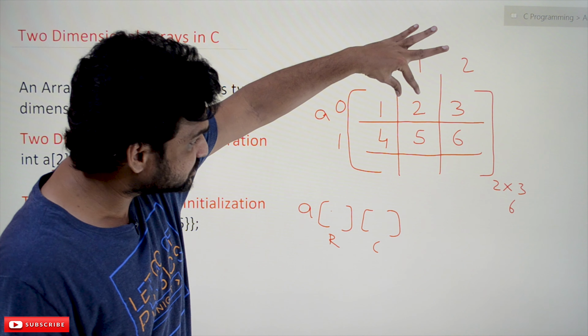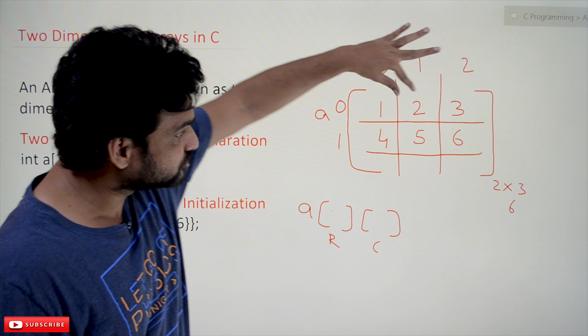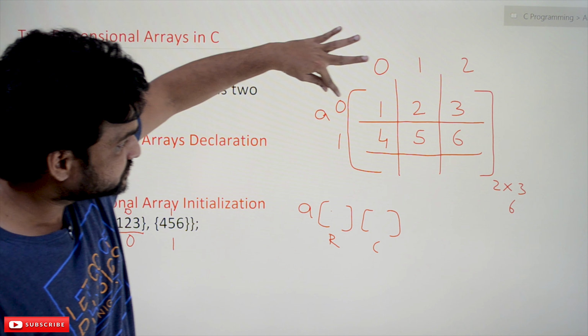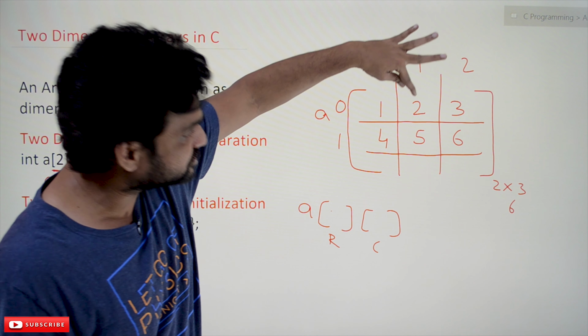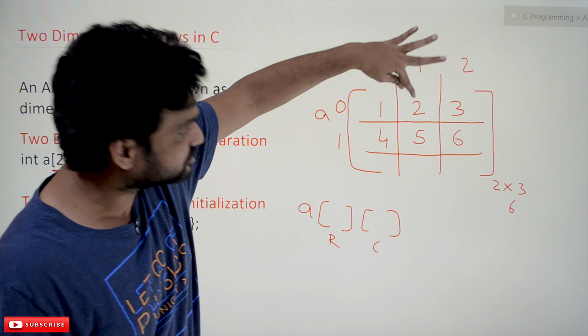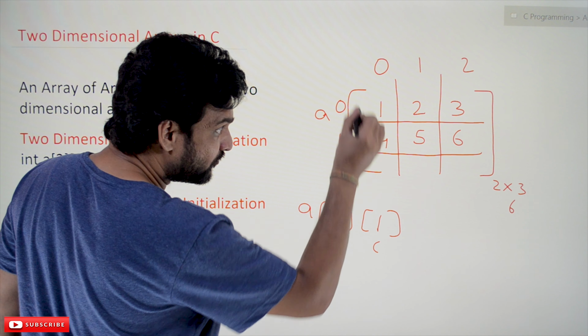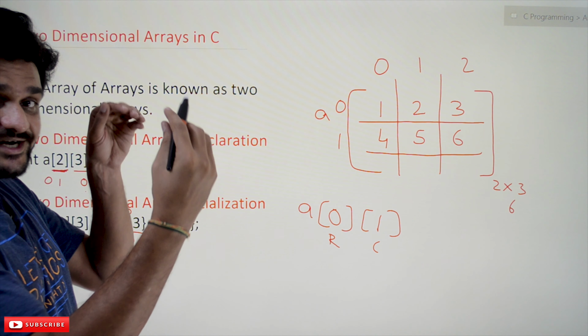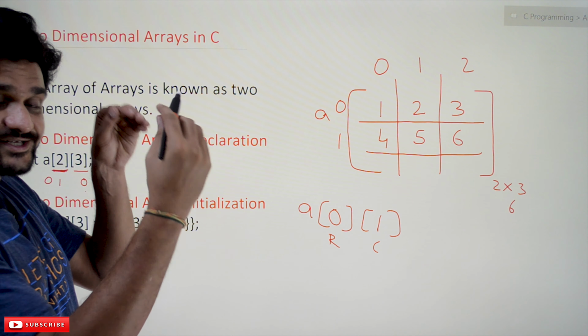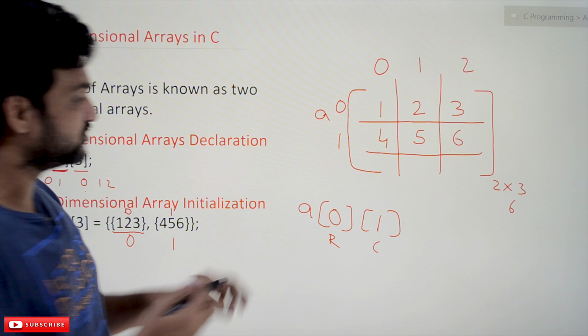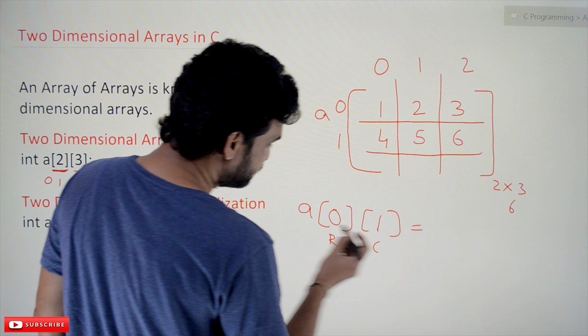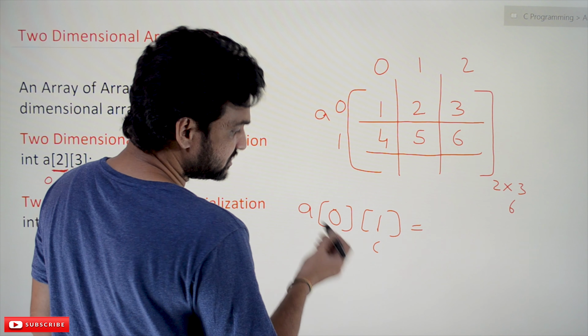In order to access 2, we have to go to the 0th row and the first column. This intersection point represents the value 2. The value stored at the intersection point is what we get. So in order to access 2, we give A of 0 comma 1, that is A[0][1].